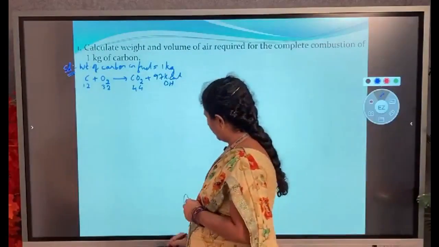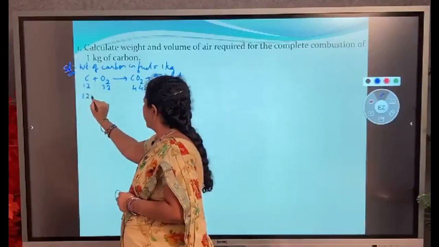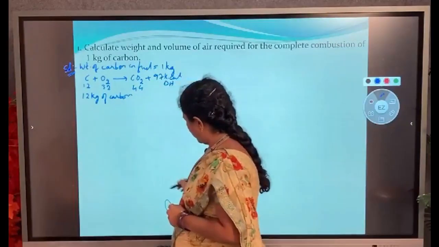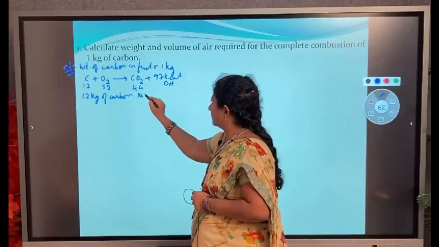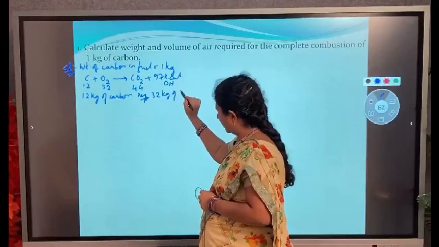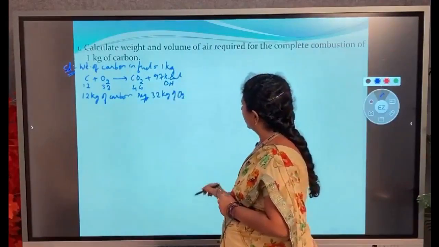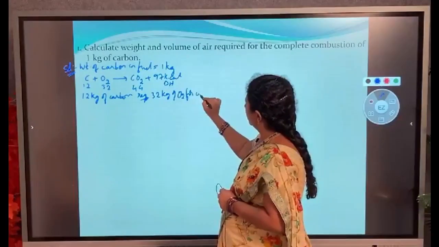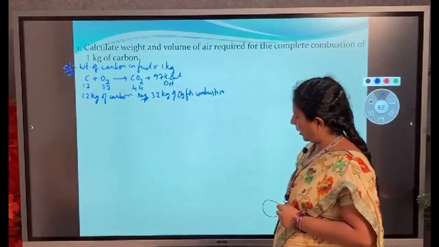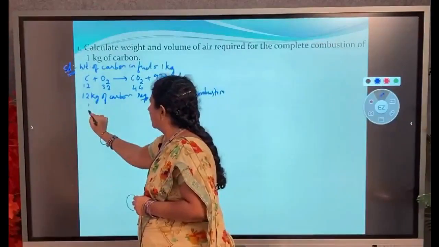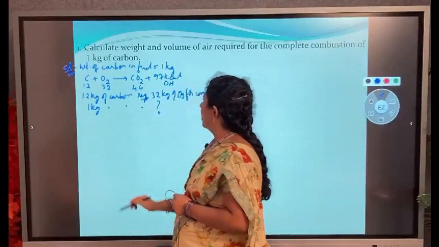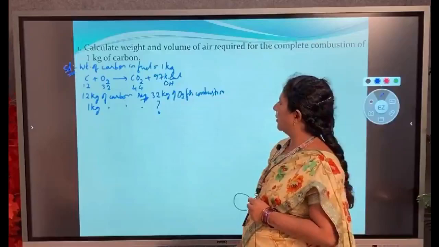Now, 12 kg of carbon requires 32 kg of oxygen for combustion. Now we have to calculate how many kgs of oxygen 1 kg of carbon requires for combustion.